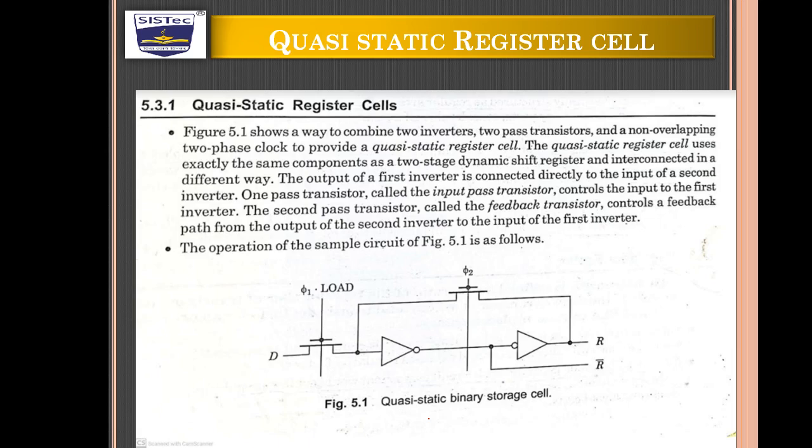It is basically a combination of two inverters and two pass transistors with a non-overlapping two-phase clock, and this combination provides us a quasi-static register cell. It has the same components as a two-stage dynamic shift register, interconnected in a different way.